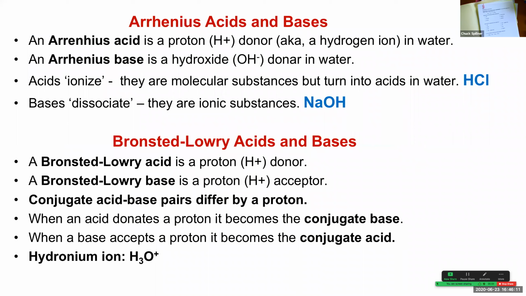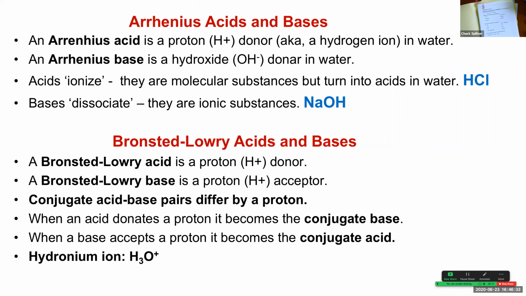Let's start off first with Arrhenius acids and bases. An Arrhenius acid is something that donates a proton, which is a hydrogen ion, in water. We've all used these before in chemistry. The common Arrhenius acids are hydrochloric acid, sulfuric acid.